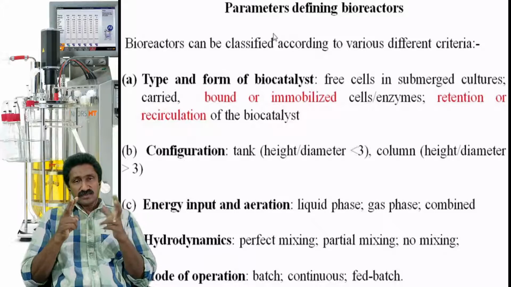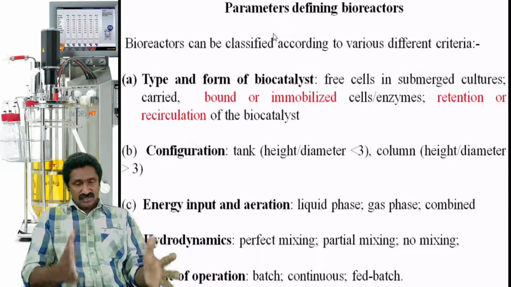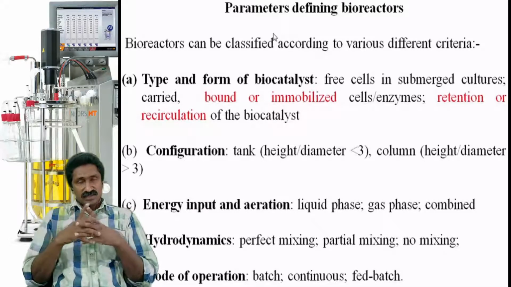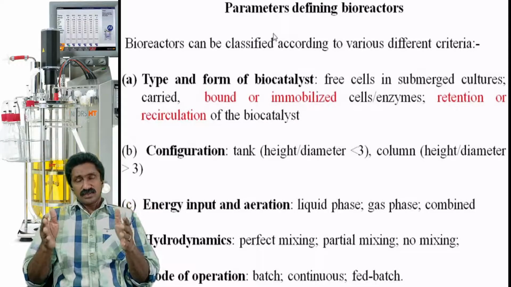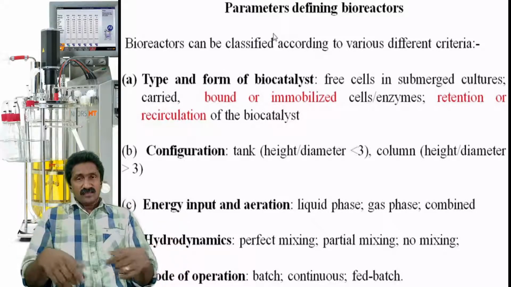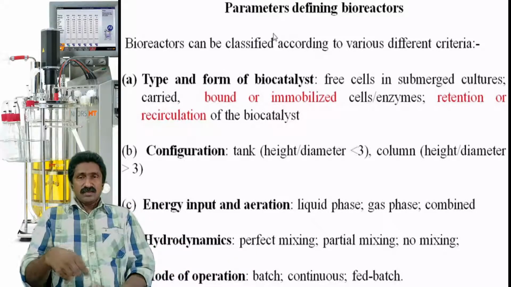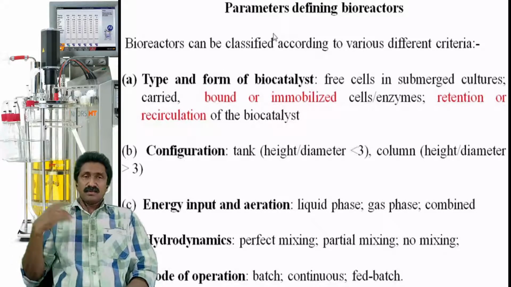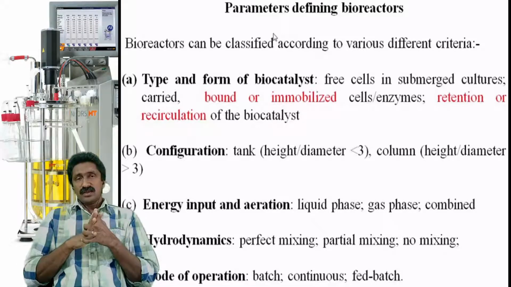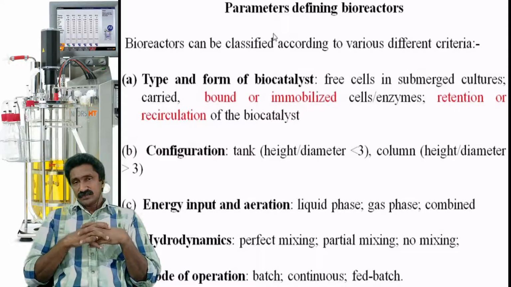So usually there are two types of configurations, a tank reactor and a column reactor. In the tank reactor, the height to diameter ratio should be less than 3. That means it will be wider. Whereas in a column type, it will be longer, or the height will be more, so that ratio will be greater than 3. Okay.